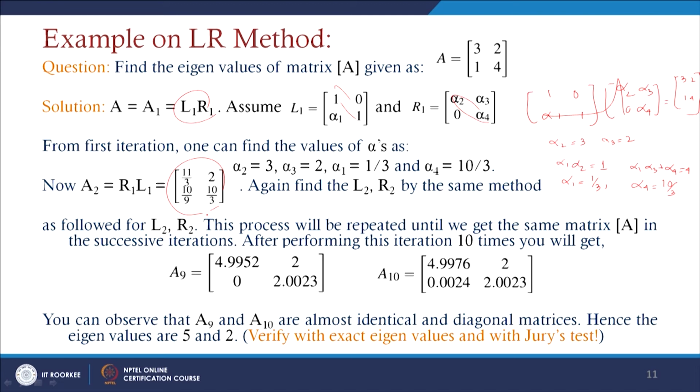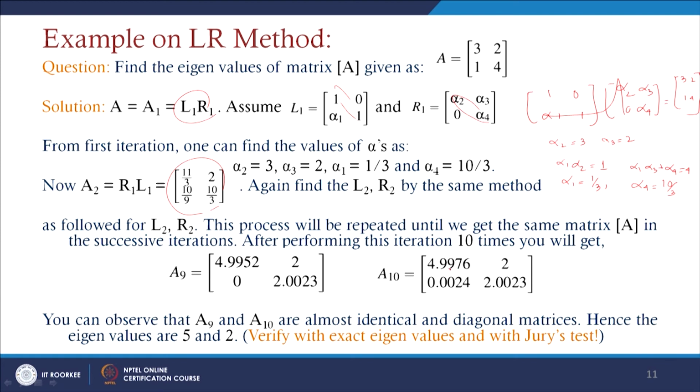In this case, after performing 10 iterations we get A9 as 4.9952, 2 and 0, 2.0023, and A10 as 4.9976.